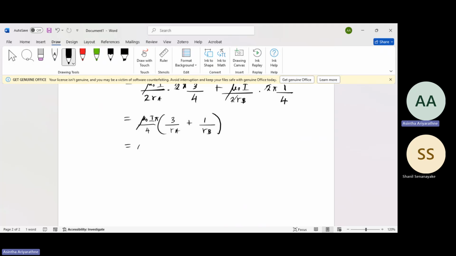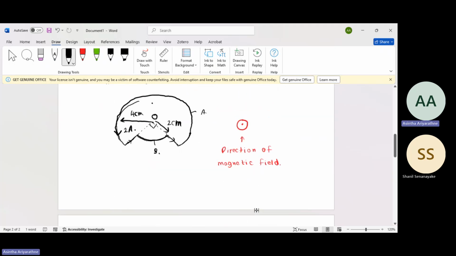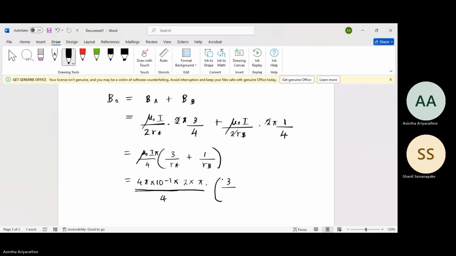So mu naught is 4 pi into 10 to the power minus 7. I is 2 amperes. RA is 4 centimeters, with 10 to the power minus 2.